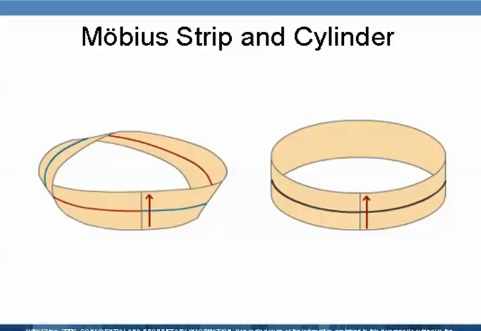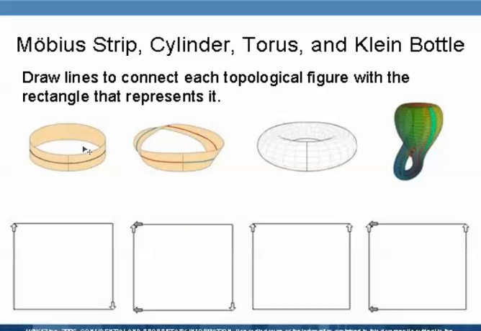Okay? So, using those types of things, you can draw lines to connect each topological figure with the rectangle that it represents. If my lines go up and then they go down like that, oh, it's easier to do this one. This one here, where the lines are both going in the same direction, is going to be the cylinder right here.